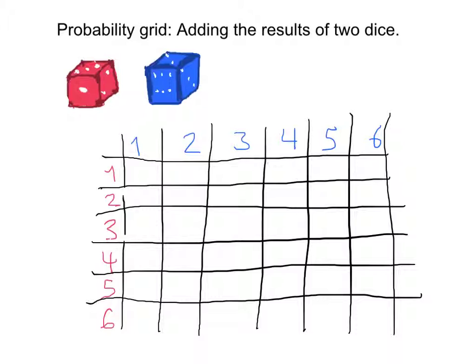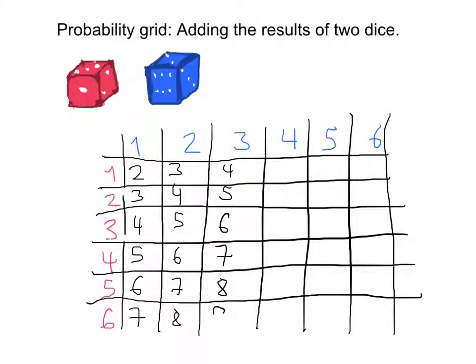So if I add them, these are the possible results. I could get a 2 in this case, or a 3, or a 4, or a 5, or a 6, or a 7. Then 3, 4, 5, 6, 7, and 8. Then 4, 5, 6, 7, 8, and 9.